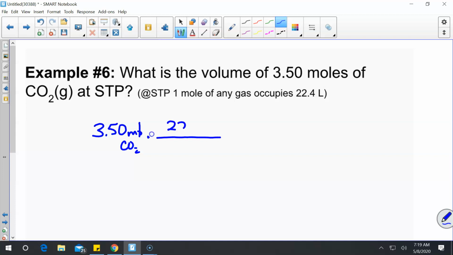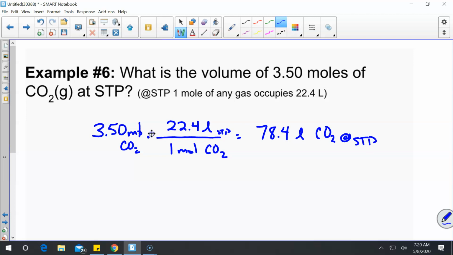I know at 22.4 liters, and this is at STP, there's 1 mole of CO2. Do my math here. I have 78.4 liters of CO2. And this would be at STP, because that's the conditions.